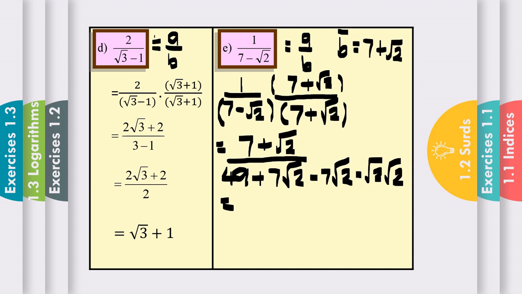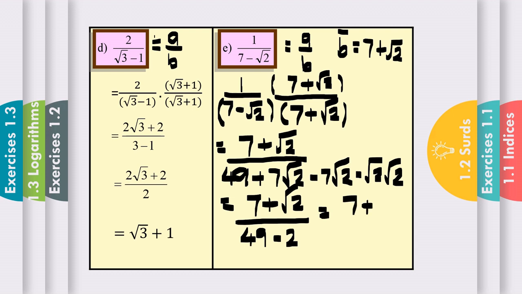When we try to simplify the calculation, 7 plus square root 2 over 49 minus 2. And we try to look at the last, simplify: 7 plus square root 2 over 47.